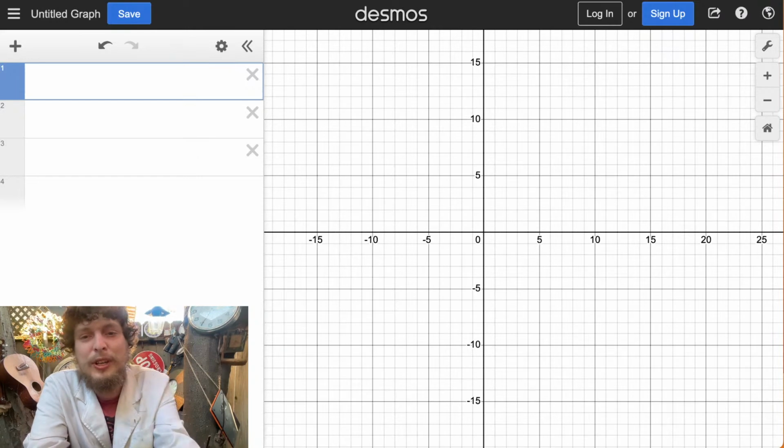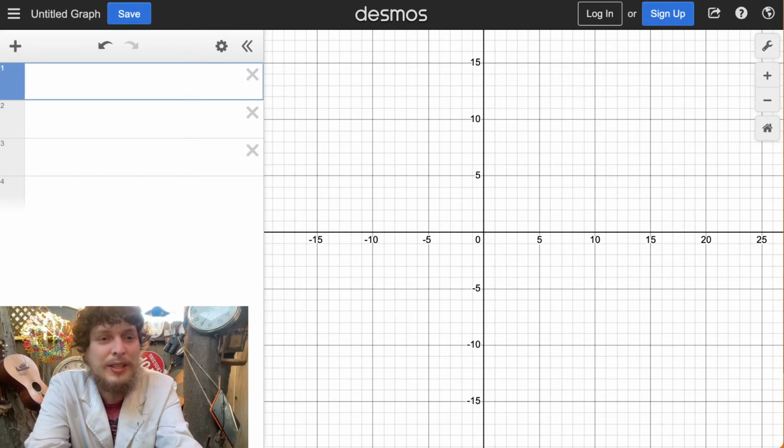But we're actually going to be using polar coordinates, like somebody said in the comments, r equals a times theta. And this is an example of a spiral that we can edit.